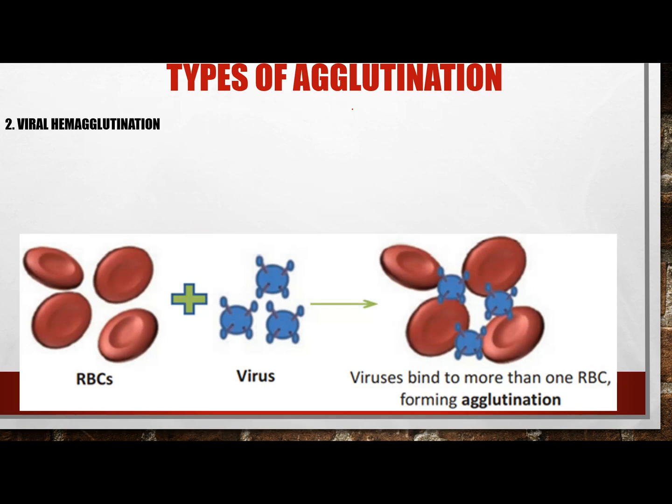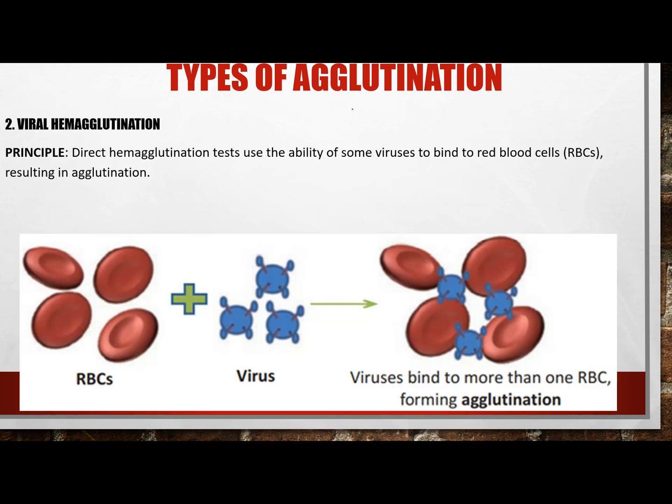For viral hemagglutination, class, the principle here is that this is a type of test that uses the ability of some viruses to bind to RBC, resulting in agglutination. In viral hemagglutination, for you to understand here, viruses replace your antibodies. So instead of having antibodies, you would use viruses here.